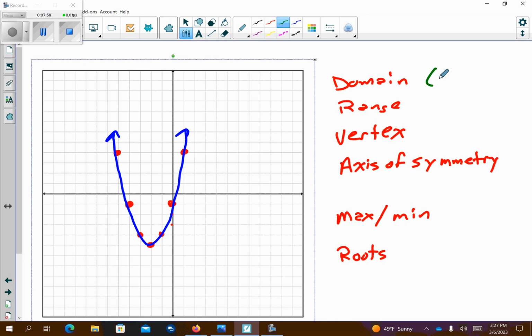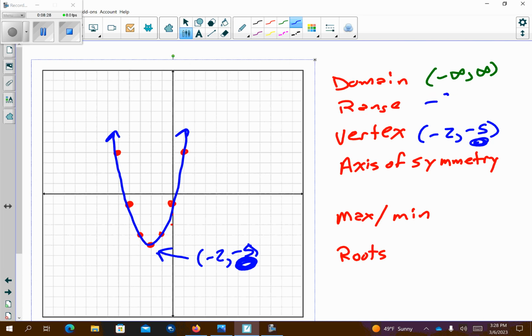So the domain for every parabola is negative to positive infinity that we work with. So I'm going to take a look. I'm going to say, okay, what is my vertex? It's that. It's -2, 1, 2, 3, 4, 5. So -2 comma -5. That's my vertex. Now my range. I'm going to talk about the y value of the vertex. So this is opening up, so I'm going from the bottom, from -5 to infinity, because it goes from the bottom to the top.